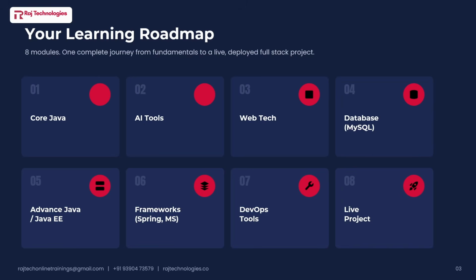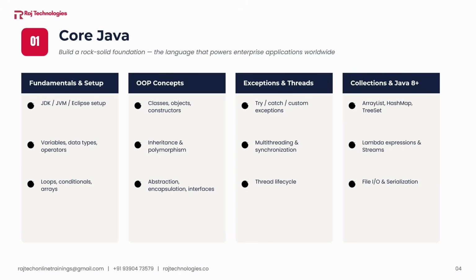And the 8 modules are, we start with core Java, module 2 goes with AI tools, module 3 web technologies, module 4 database concepts using MySQL, module 5 advanced Java, that is Java EE Enterprise Edition, module 6 goes with frameworks, where we are going to discuss about Hibernate framework, Spring framework, Spring Boot and Microservices. Module 7 real-time and DevOps tools. Module 8 we go with a project.